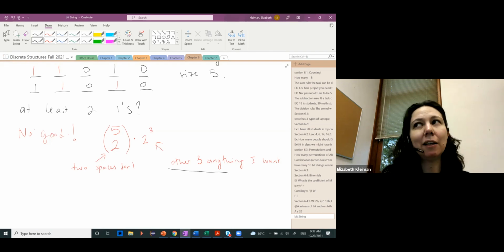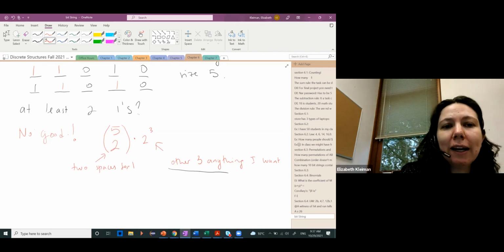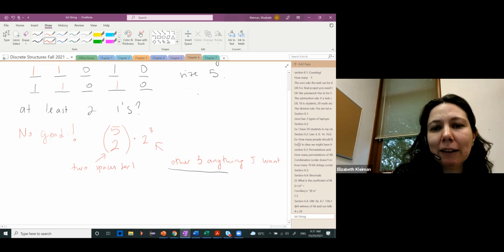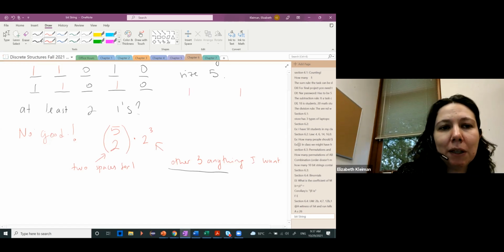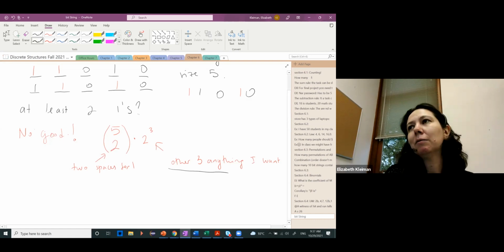I have the same bit string, correct? But it is counted inside my combination twice, correct? Moreover, now I can say, actually, I changed my mind again. It's going to be those ones I'm picking, and this one is going to be my random ones.